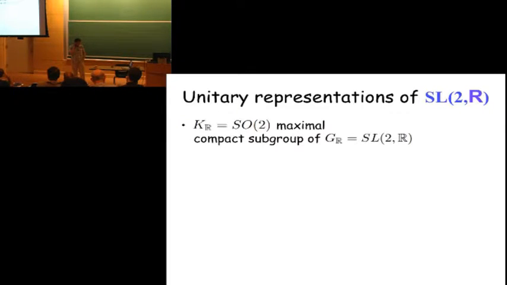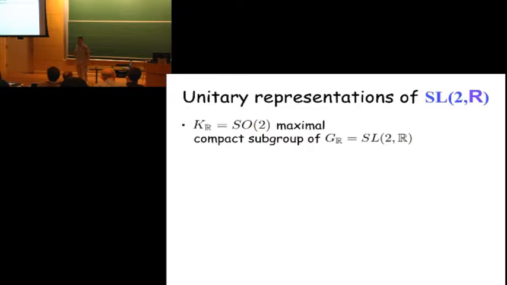An important point which I want to note is that, well, first some definitions. Let K_R be the maximal compact subgroup. And G_R in general will be some real group. R indicates that it could be a real form of something complex or just real in its own right.